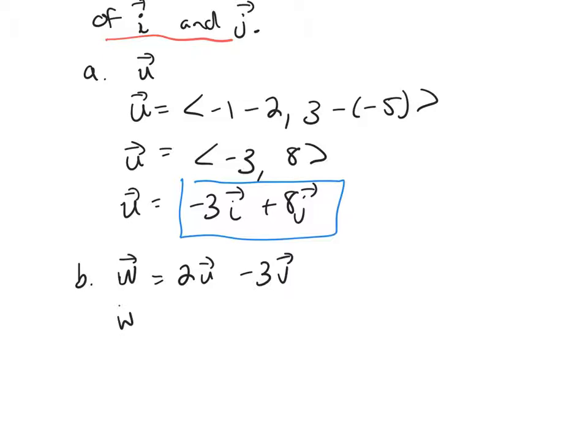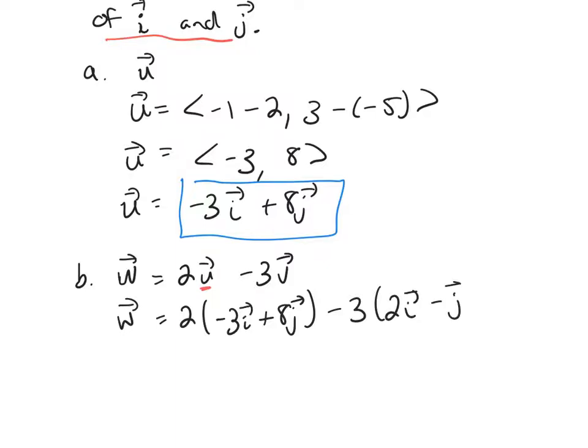So for this vector w, we've already written u in the previous part as -3i plus 8j, and then minus 3 times v, and if you look back in the problem, v was 2i minus j.